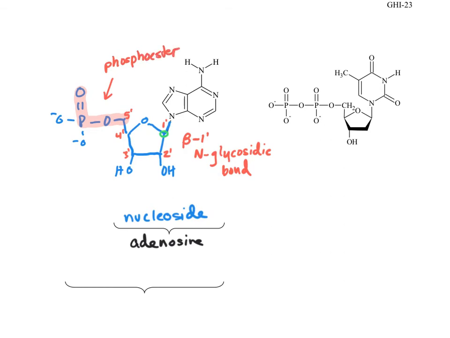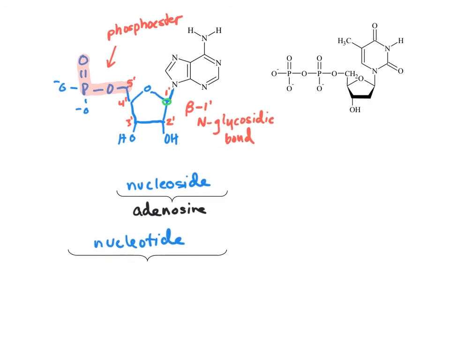That phosphoester we learned back in our sugar chapter. We did it again in our lipid chapter. Here it is again, and we will be talking about phosphoesters for every chapter from now till the final exam. So, very important. Linkage of phosphoester at the 5' position. This now is called a nucleotide.